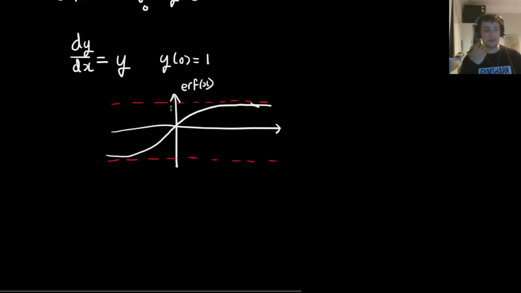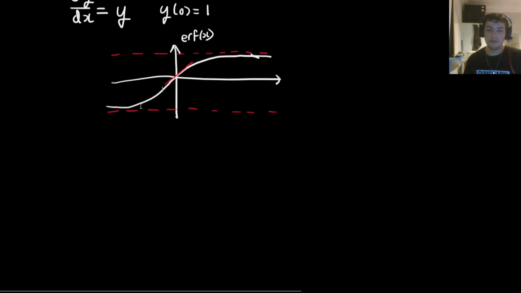And the derivative is going to go off because the derivative is e to the negative x squared. Sort of fundamental theorem of calculus. So it's going to look something like this. It's got a sort of steepest point here. It has a gradient of 1, that's e to the negative 0.